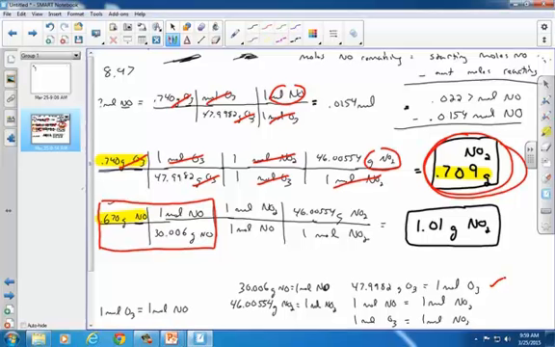So if I start with 0.0223 and 0.0154 reacts, when I subtract that, the difference is 0.0069 moles of NO. So that's the amount remaining unreacted, because the limiting amount of the ozone can only react so much of the NO before it's gone, and I don't have anything left. I'll still have NO left, but I run out of ozone because it's the limiting reactant.